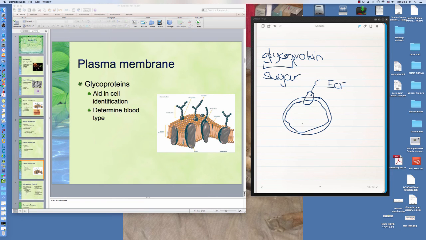And these are used for cell identification. So, for example, if this were a liver cell, this sugar molecule would help to identify this as a liver cell.